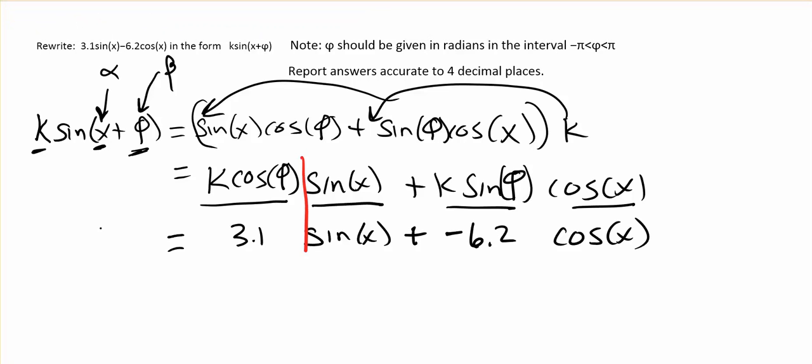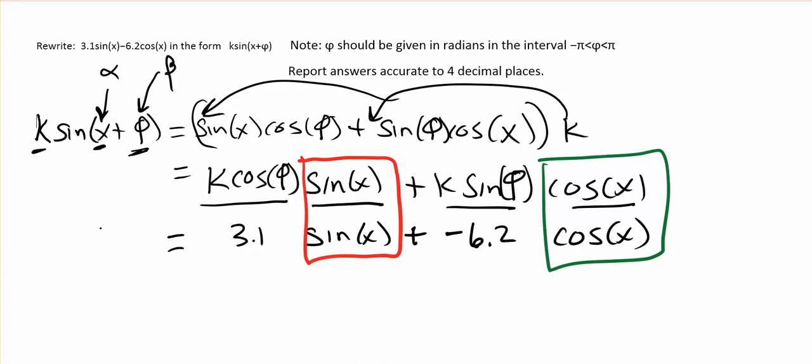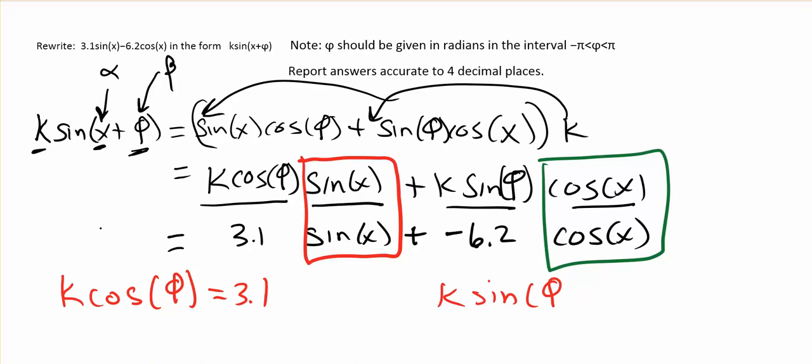If you notice, they both have sine terms and they both have cosine terms, which means the coefficients in front of each one of these have to equal. So k cosine phi has to equal 3.1 and k sine phi has to equal negative 6.2.